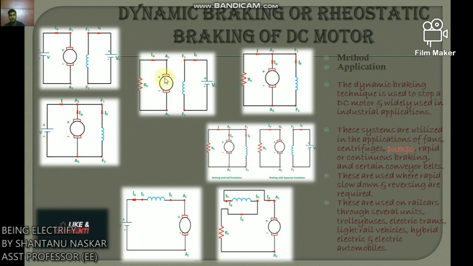The RB is inserted, so braking is done. Now the connection diagram is shown here when braking with self-excitation is performed. This method is also known as rheostatic braking because an external braking resistance is connected across the terminals for electric braking.